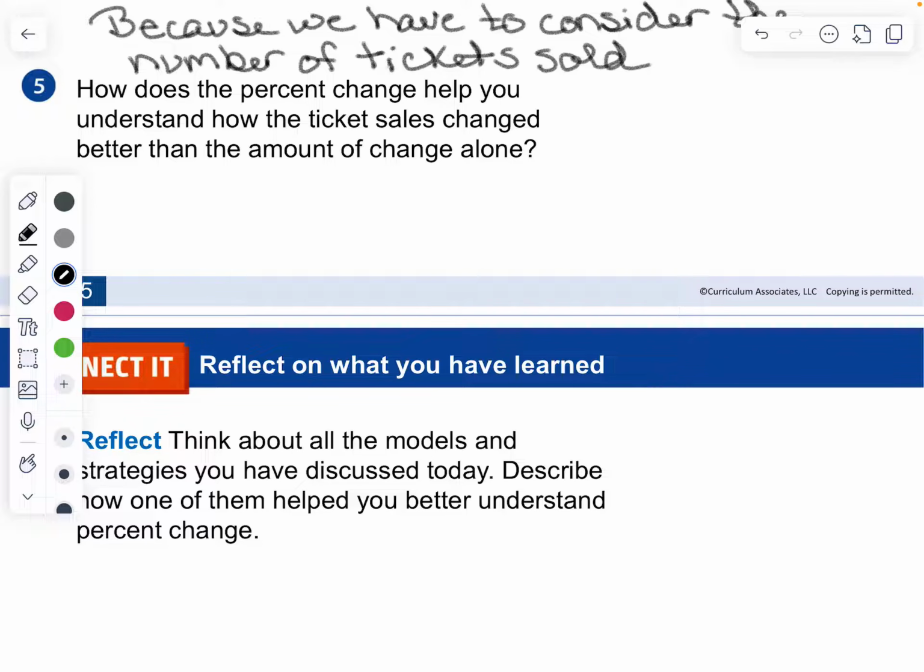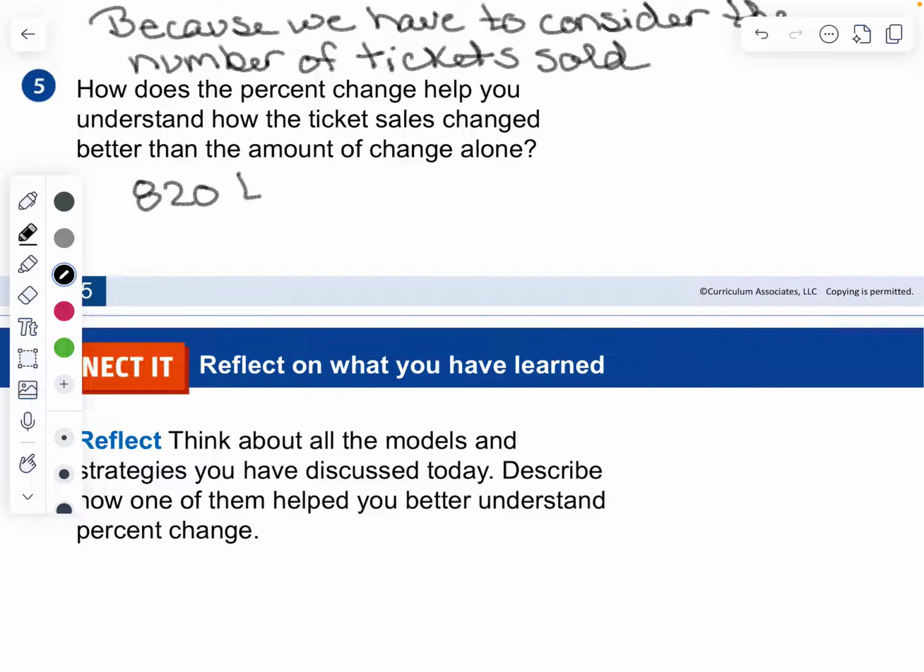How does the percent change help you understand how the ticket sales changed better than the amount of change alone? So when we look at it, it was only a 2% change. 2% is not a lot. We also could look and see that it was 820 tickets difference.